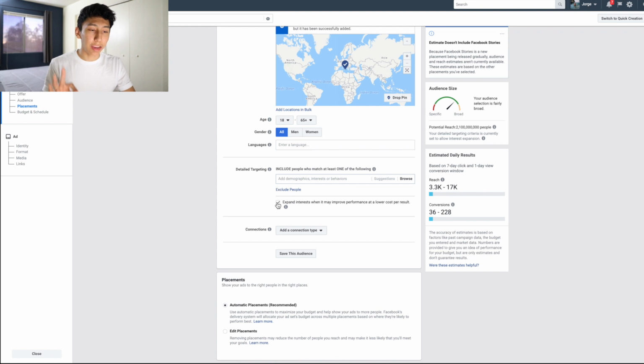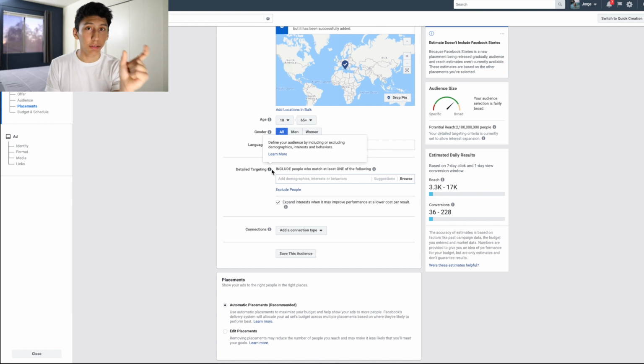This is where everything actually changes. The detailed targeting, okay? So what is detailed targeting? It's just defining your audience by including or excluding demographics, interests, and behaviors. So my method of doing the low budget strategy is just going broad and only detail targeting a specific interest that's related to your product and narrowing it down by a specific behavior, which is going to be the behavior of an engaged shopper.